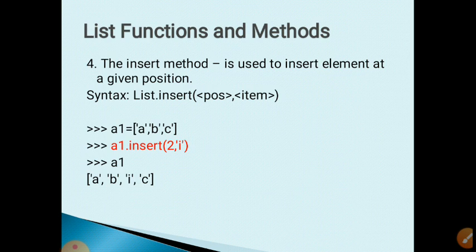We give the list name, then dot, then the method, and inside the brackets we specify the position where we want to insert the element, and then the item. Here I create one list A, B, C, and I want to insert I at the second place. After the insert function it will return A, B, I, C.